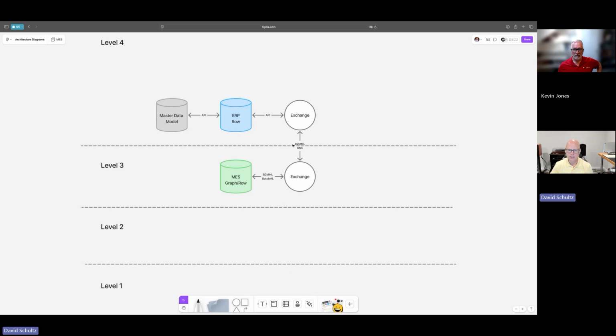That's pretty common. But how we're going to get information between our level 4 systems and our level 3 systems is going to be using this concept known as B2MML. And again, it's just a standard schema for exchanging that information. So coming down, we're going to use B2MML.